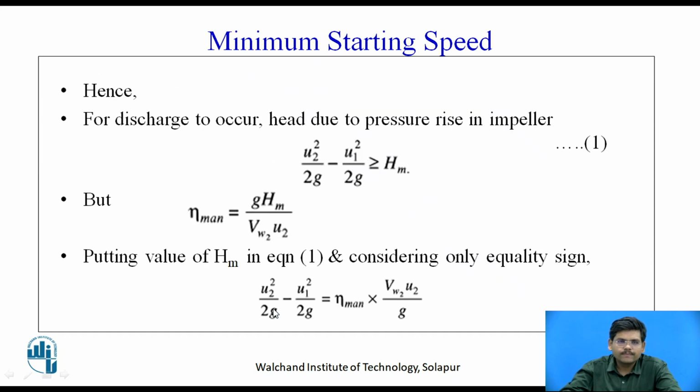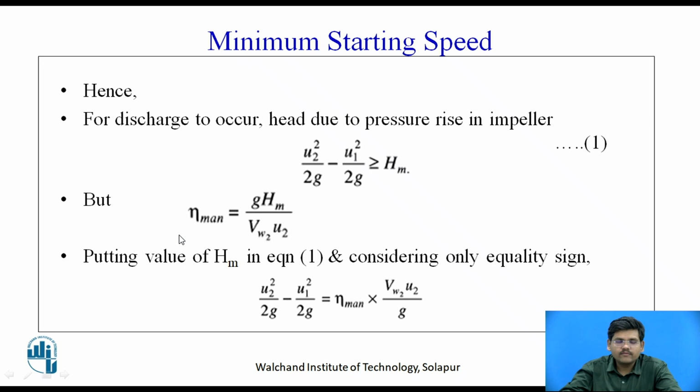Moving further, for discharge to occur, the head due to pressure rise in the impeller will be the difference of U2 square upon 2g minus U1 square upon 2g. This subtraction should be greater than or equal to the manometric head.